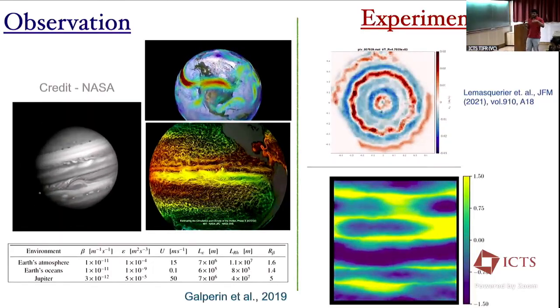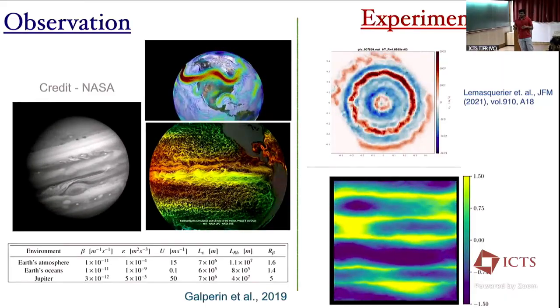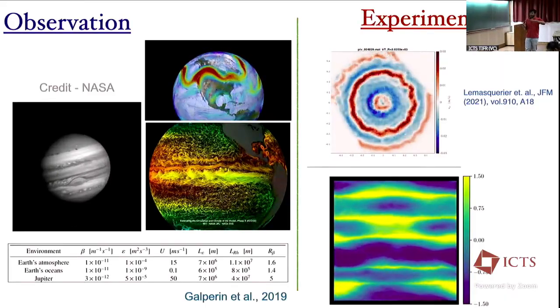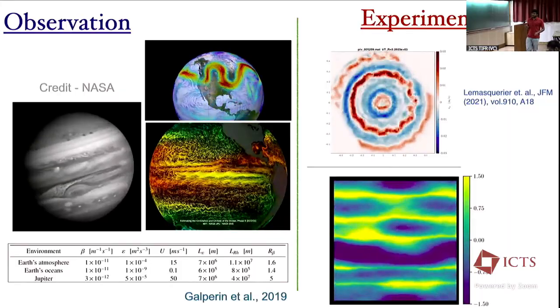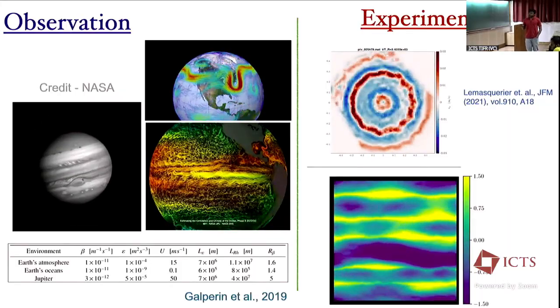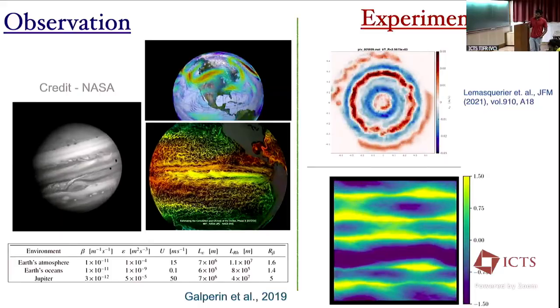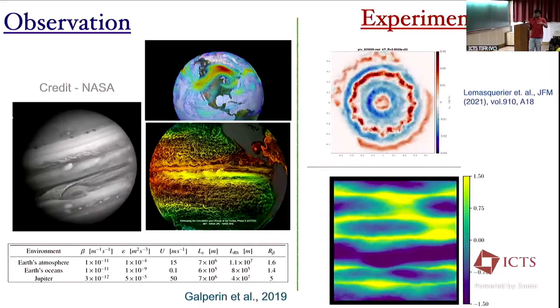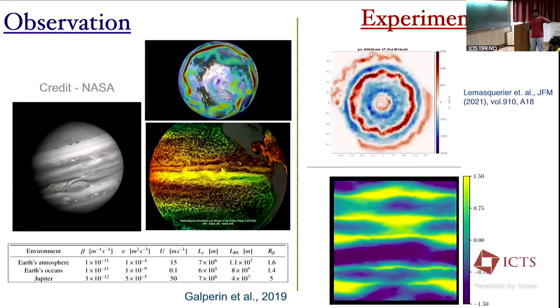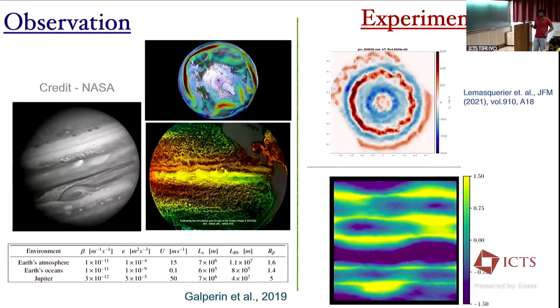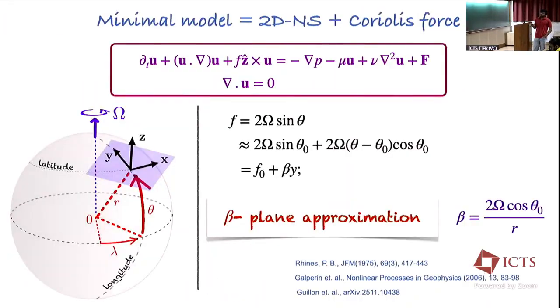Now, when we are looking at such large scale flows, because of the large aspect ratio, basically large horizontal breadth compared to small vertical depth, you can effectively consider these flows as two-dimensional, and on top of that, you have the rotation, where the Coriolis force acts as linearizing the motion. So the minimal model will be the 2D Navier-Stokes equation, and on top of that, this Coriolis force term here.